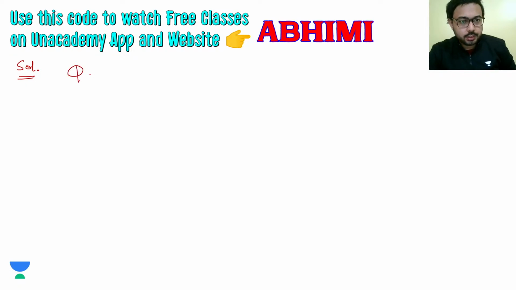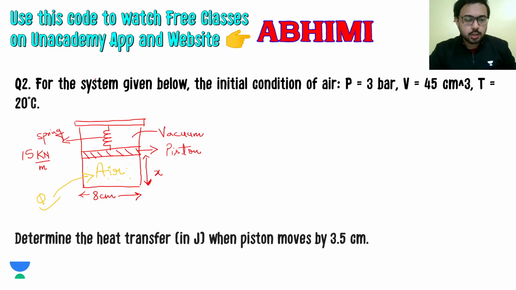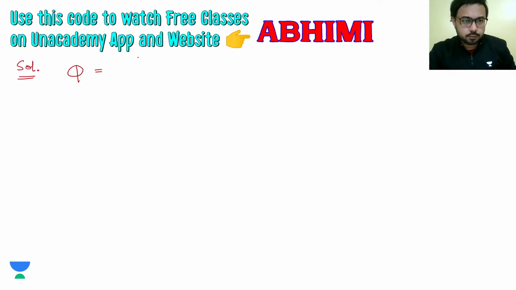We have to find the heat transfer, and to find it we have to find the change in internal energy and the work done, and this work done can be calculated from the PV diagram.